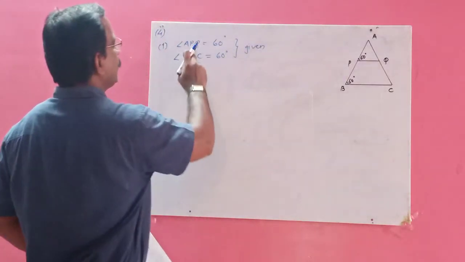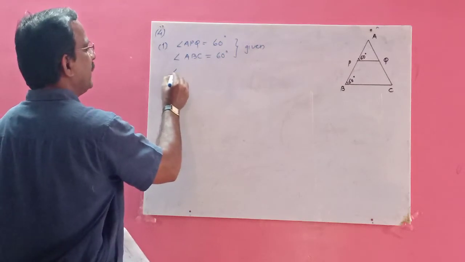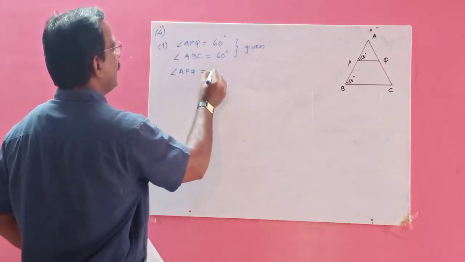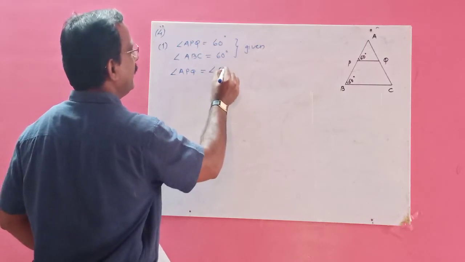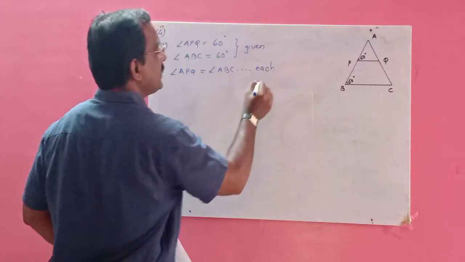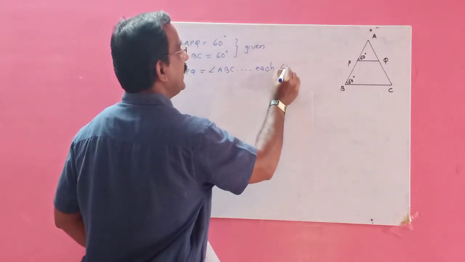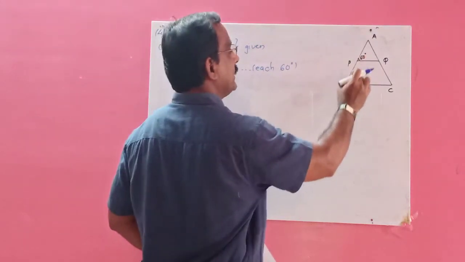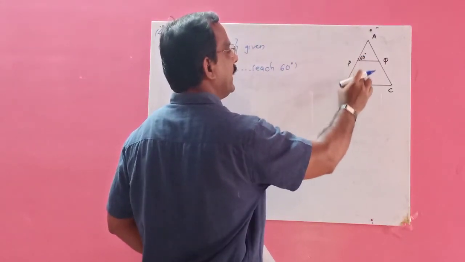So these two are equal because each is 60 degrees. Angle APQ is equal to angle ABC. The reason for this is each is 60 degrees. But these two angles are corresponding angles.